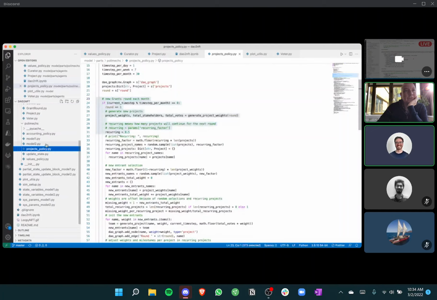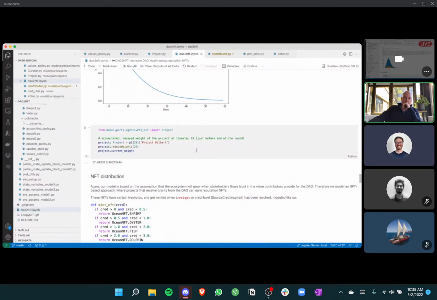Actually, really cool. So basically, this is an example of what the project weight is at a certain time step. Just before the end of the round, you can see that Project Gilbert accumulated a weight of 17 in total. And these are just numbers, parameters you can, of course, influence or maintain within your DAO ecosystem.